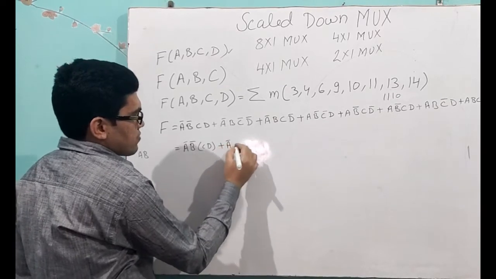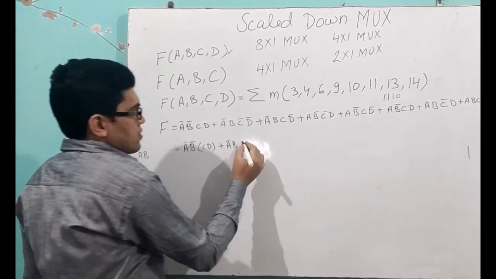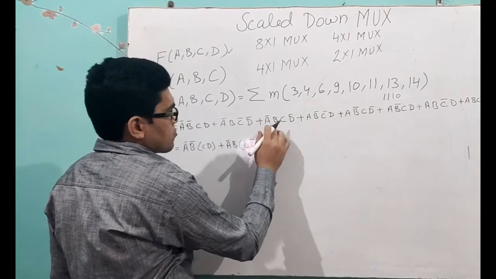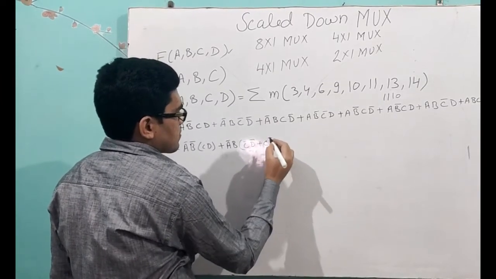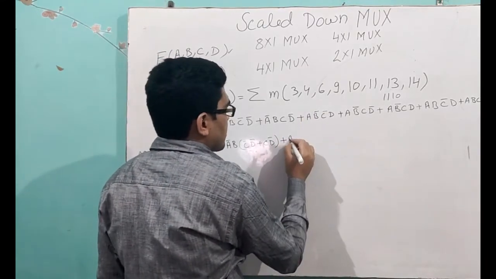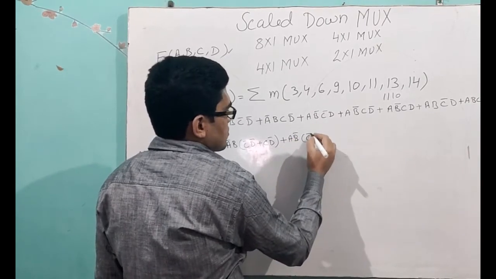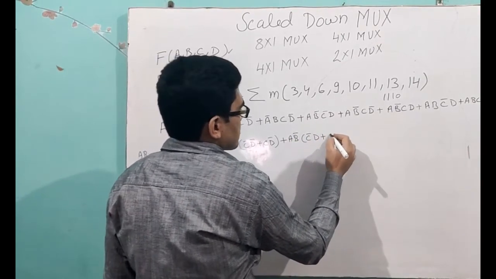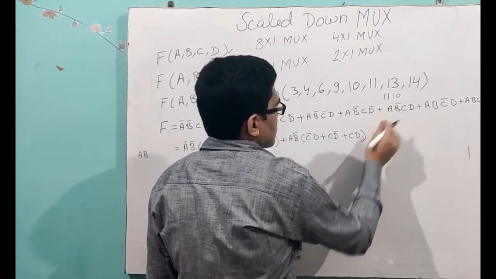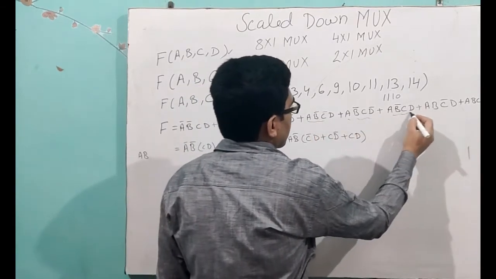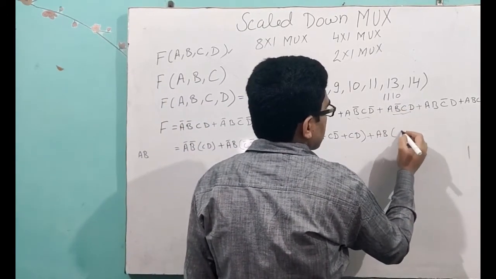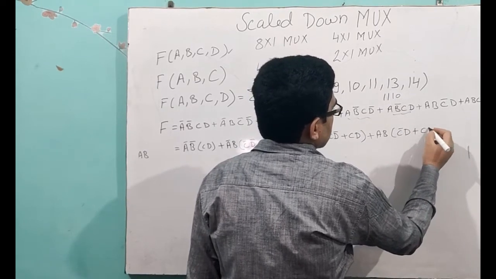Now the next term that we take common is A bar, B. So C bar, D bar, plus A bar, B is common, C, D bar, plus next AB bar is common, C bar D plus CD bar, plus CD. So these three terms have AB bar common, and the last one is AB, C bar D plus CD bar.